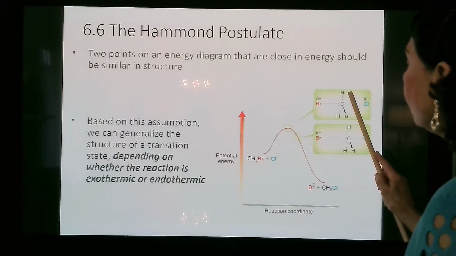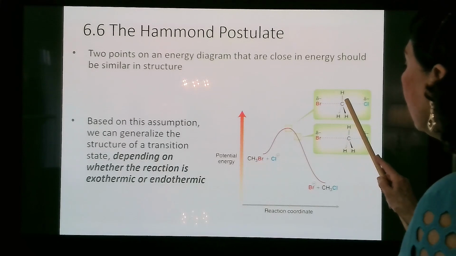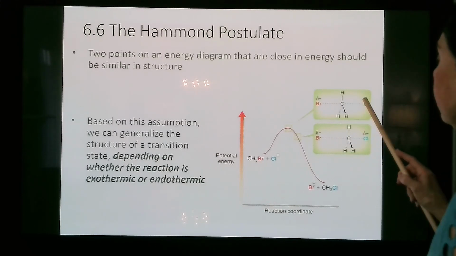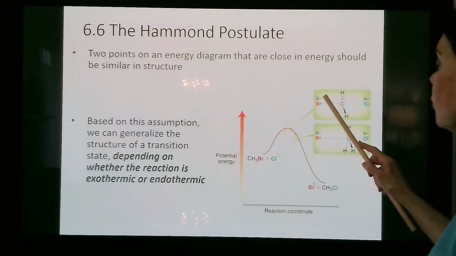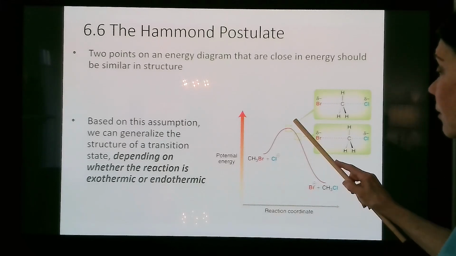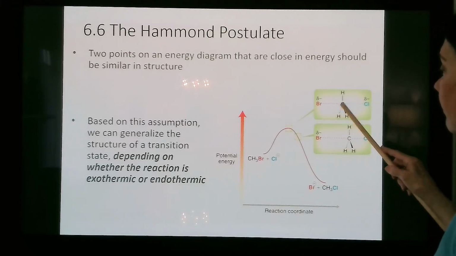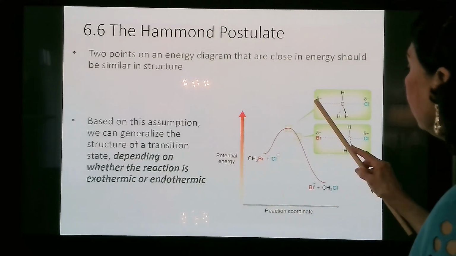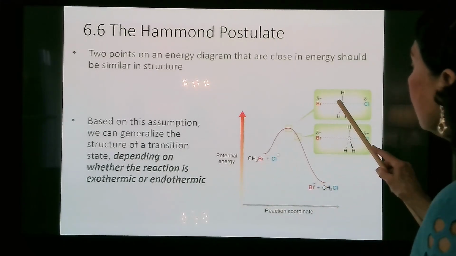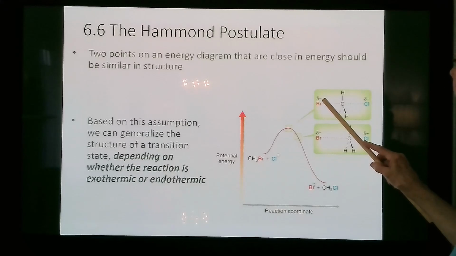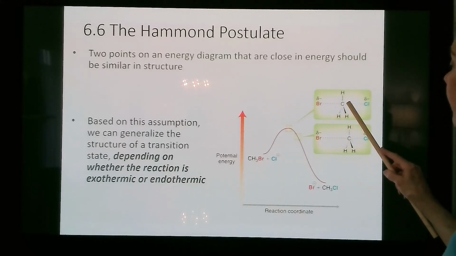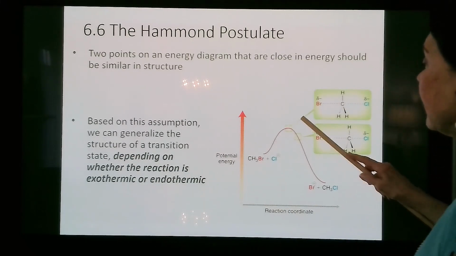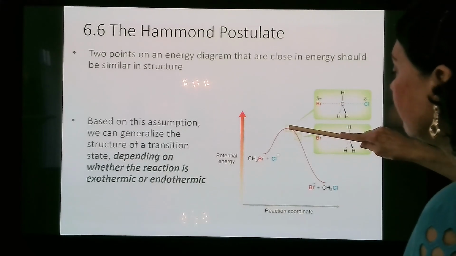Notice up here in the transition state structure, the carbon-bromine and carbon-chlorine distances are about equal. Carbon is about equally bonded to bromine and to chlorine up here. So this could be viewed as half a bond, and that would be half a bond. Starting out, carbon is much closer to bromine. As the chloride comes in, bromide departs. And so up here, bromide is about half departed, and chloride is about half entered. So this is about the halfway point in the reaction.